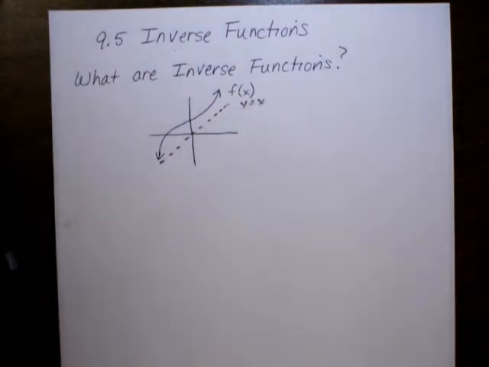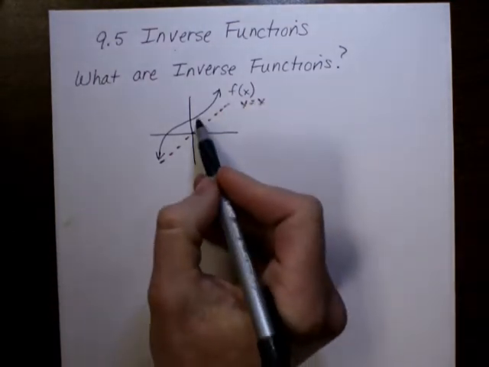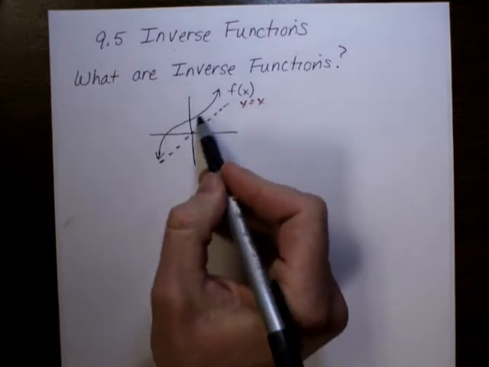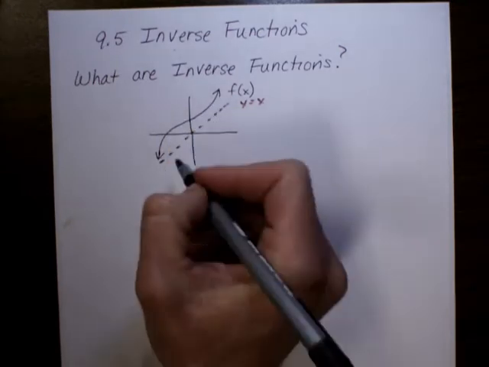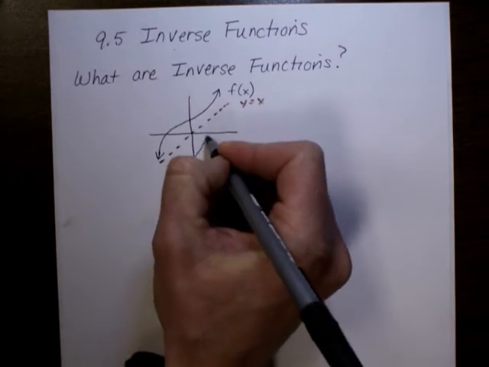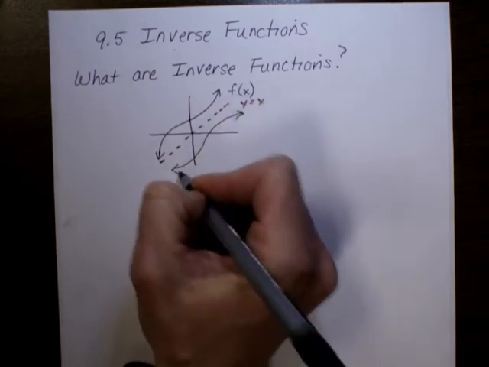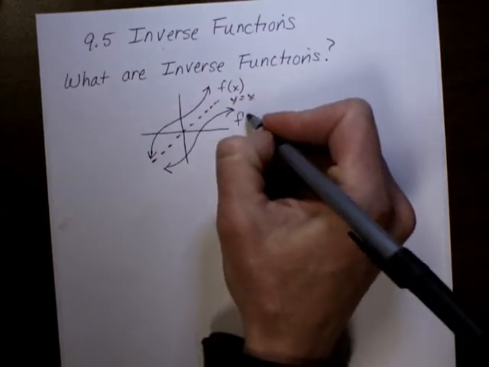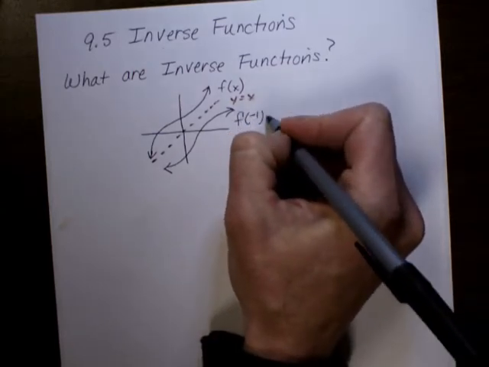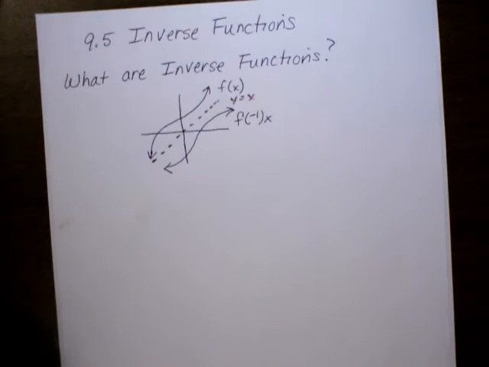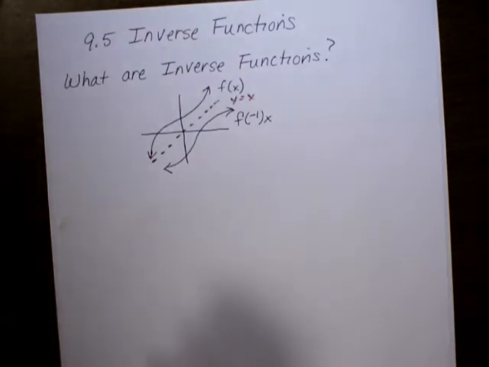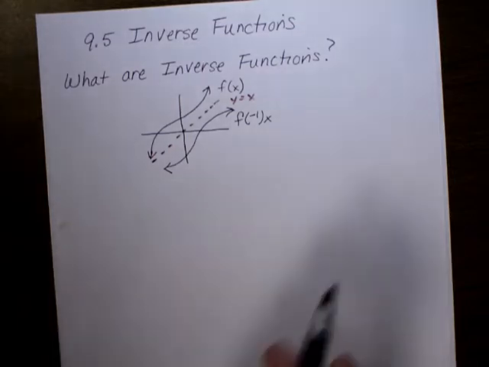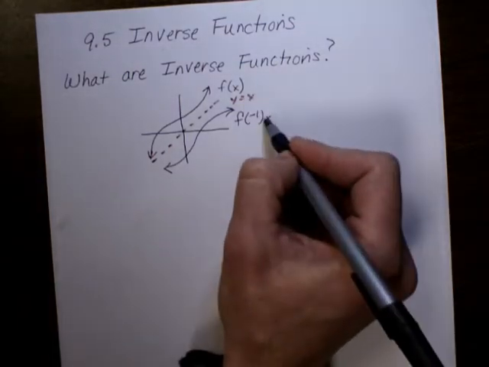So if I were to take a mirror image and flip this function over this line, what would it look like? Something like that. This bottom function represents my inverse function. Okay, and notice I labeled it differently.